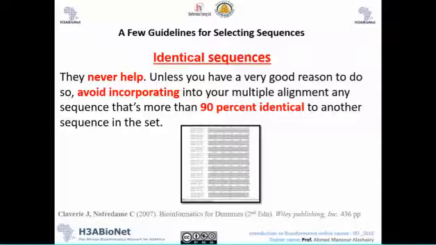Identical sequences also never help. So don't use identical sequences unless you have a very good reason to do so. Avoid incorporating 90% identity or more, as we said before, unless you have a very good reason to do so.